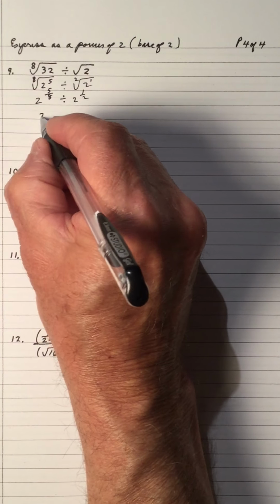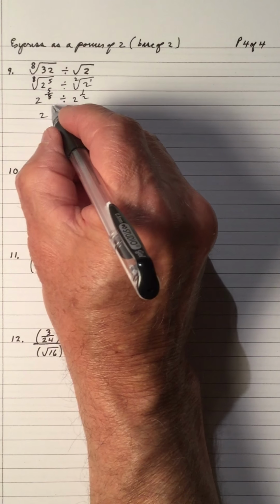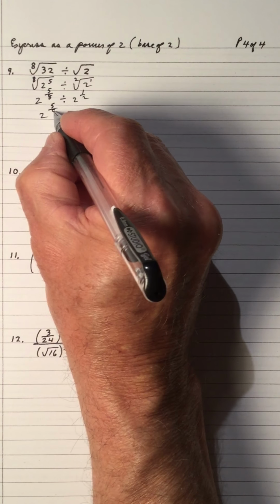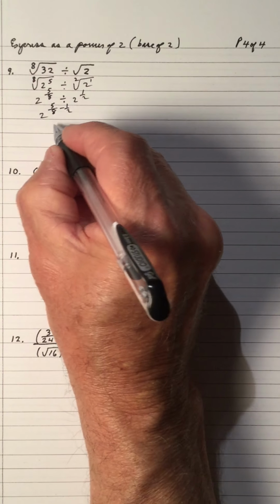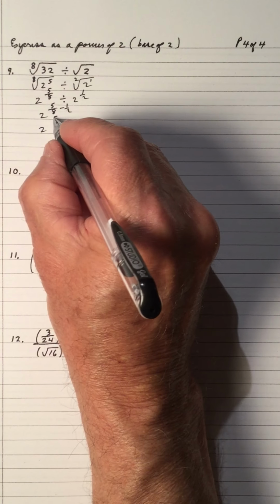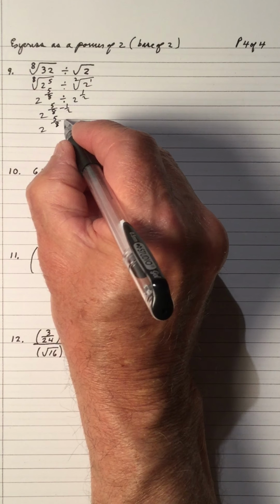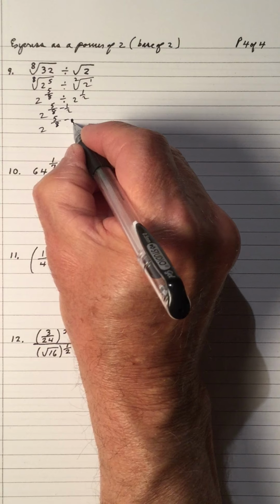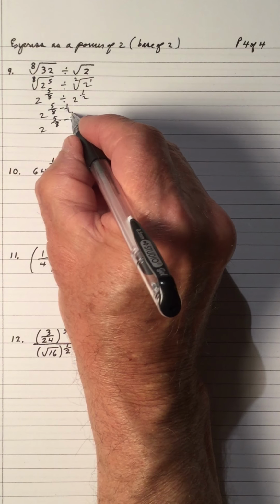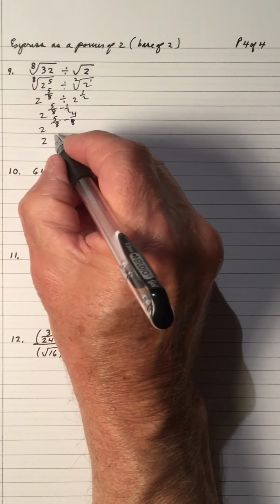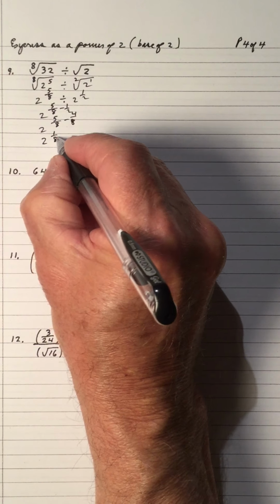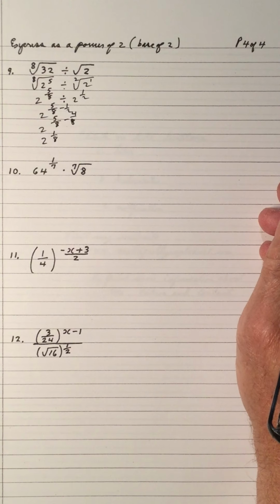Same base of 2. And because we're dividing, we subtract. Common denominator is 8. So 1/2 is 4/8. So that's 2 to the 1/8 as a power of 2.